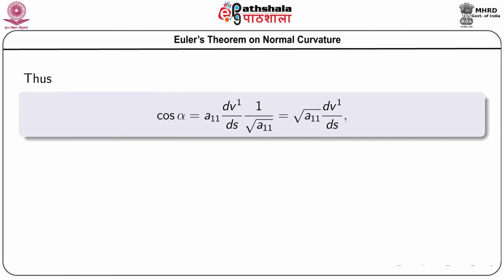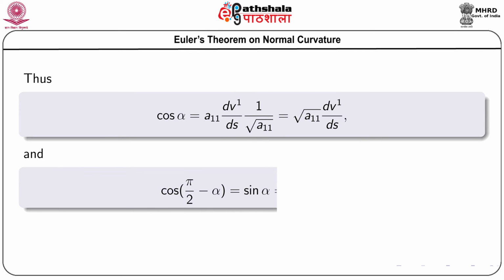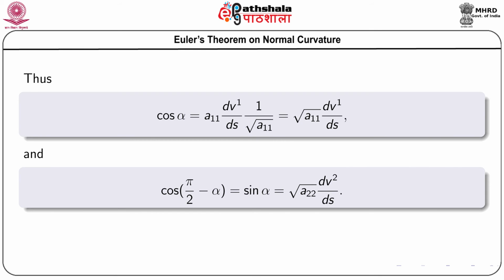Thus, cos alpha equals root A11 dV1 by ds, that means 1 by root A11 dV1 by ds, and cos(pi by 2 minus alpha), that is equal to sin alpha, equals root A22 dV2 by ds.